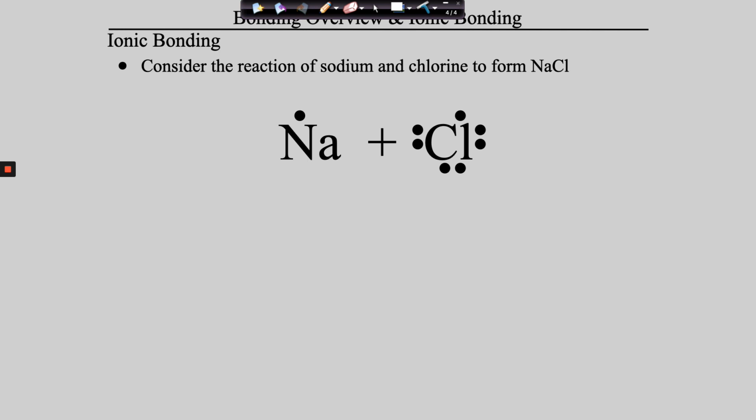Focus your attention on sodium. I know that you're just easing into this, but these are important questions you should be able to answer. When we hit the space bar again and let this go, what is going to happen to that electron on sodium? It's going to go away, right? Where does it go?